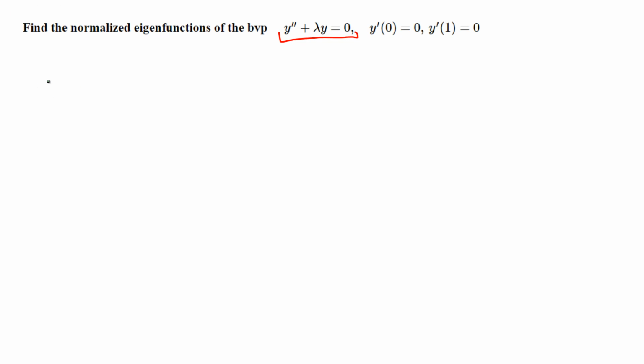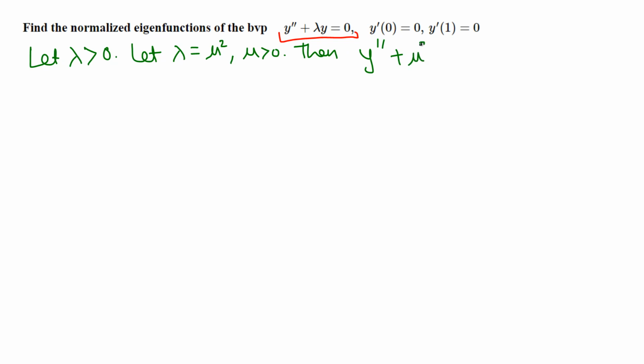So let's say first case, let lambda be positive. To simplify our work, we can let lambda be mu squared, where mu is positive. Then this ODE can be written as y double prime plus mu squared y equals 0.